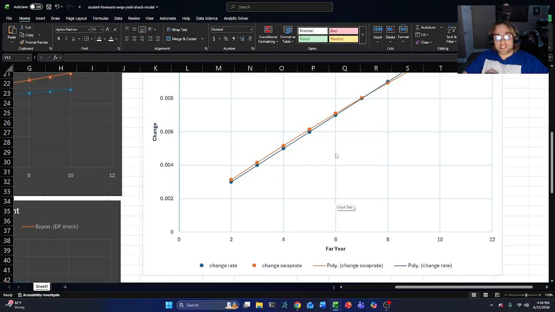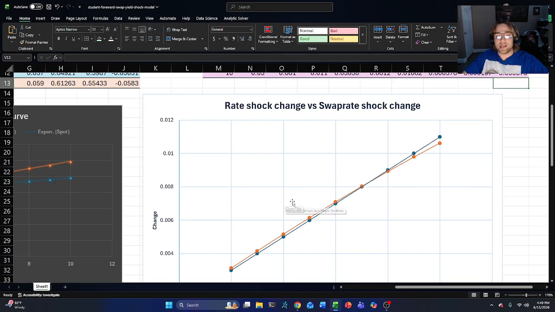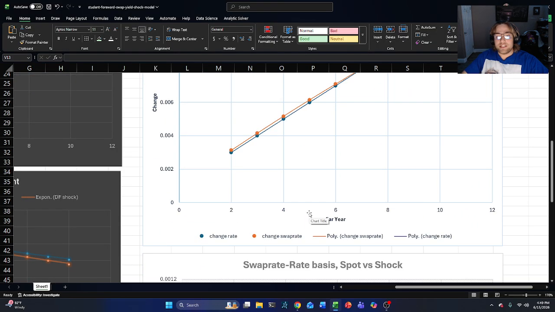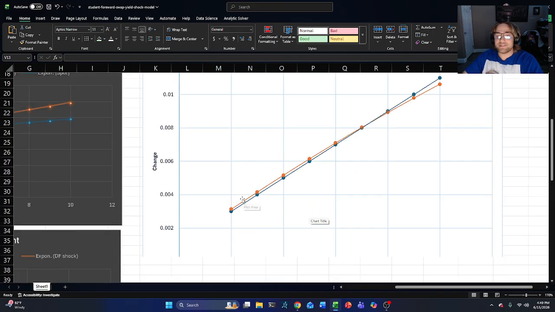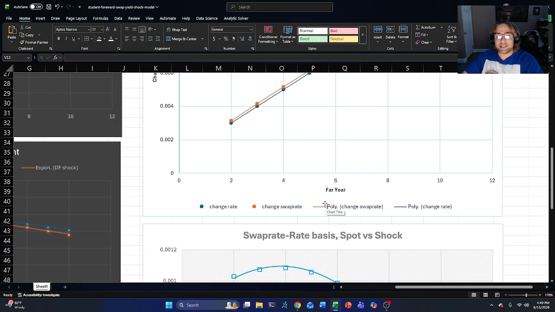But for those first 7 years, it's actually the change in the swap rate is more than the change in the just forward rate. But after year 7, we actually have a situation where the change in the forward rate is more than the change in the swap rate. It actually makes almost similar to conceptually the convexity curve, but totally different reasonings here.